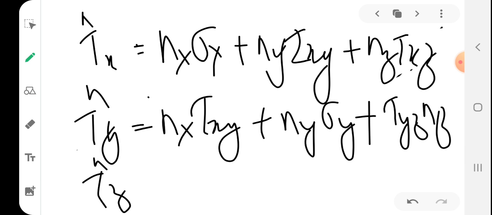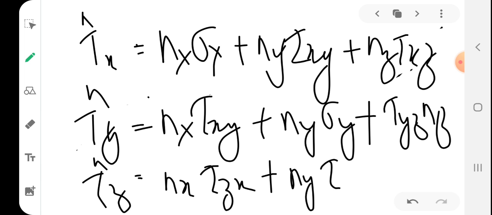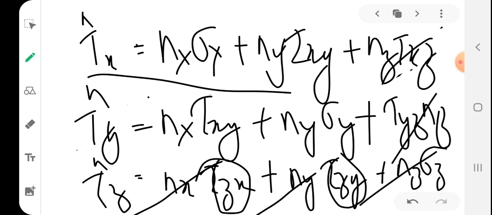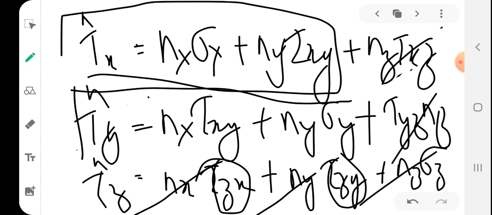Tz equal to nx tau zx plus ny tau zy plus nz sigma z, right? So in this case, all these terms will be cancelled because tau xz, tau yz, sigma z are 0, and these terms will also get cancelled. Only the remaining ones are this one and this one, right?